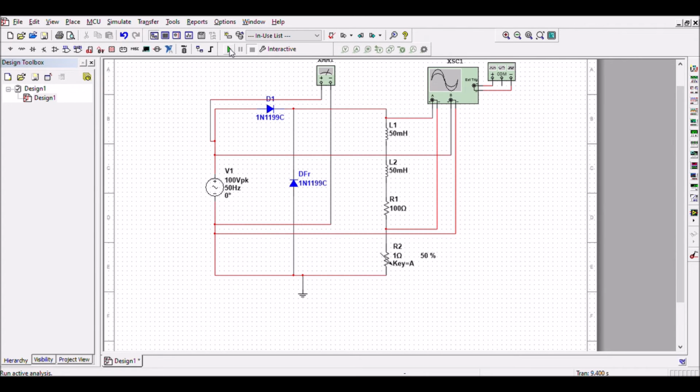Okay. This is value for VAC 70.723 volt.